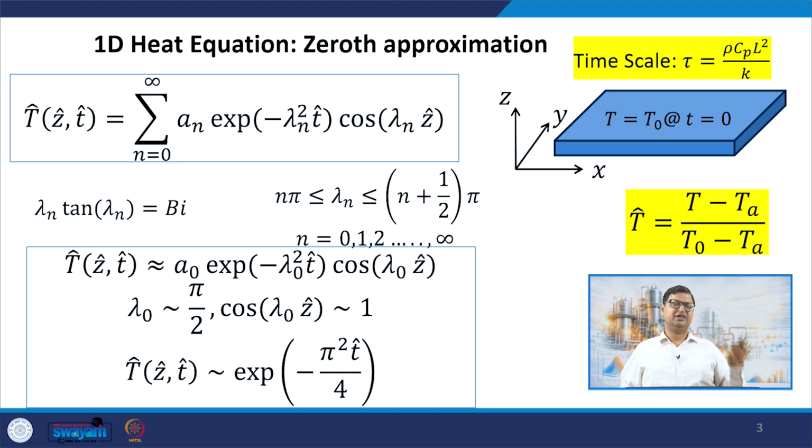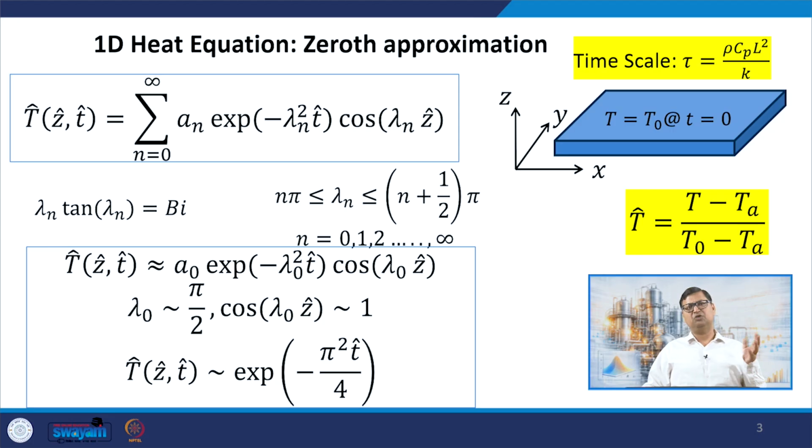But if it is converging, that means subsequent terms are smaller than the previous term, and the first term is going to be dominant over the other terms. We cannot ignore all the subsequent terms, but we can still approximate T cap in the 0th approximation, just to get some idea about the behavior of the solution, by considering only the first term.